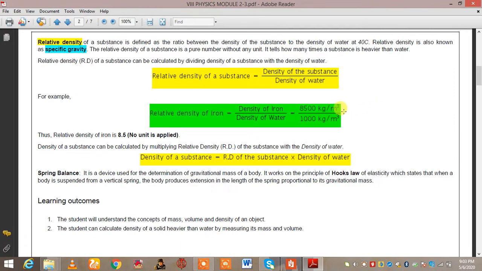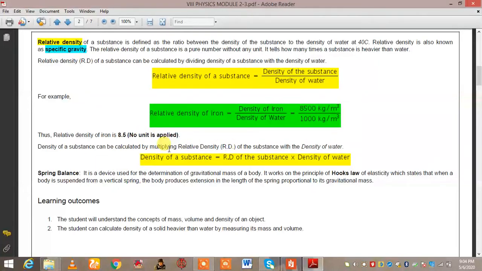Suppose we need to calculate the relative density of iron, where the substance is iron. Here the density of iron is 8500 kg per meter cube. Then it should be divided by the density of water, that is 1000 kg per meter cube. So, kg per meter cube is cancelled because both the units are the same, and after solving we get 8.5.